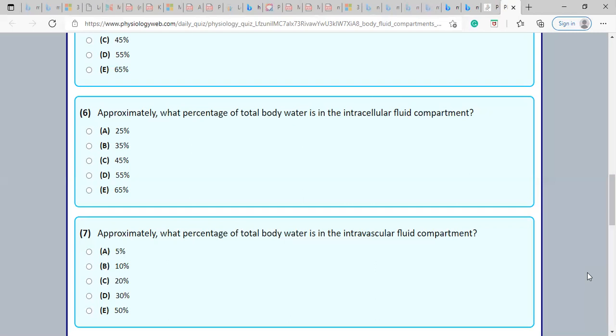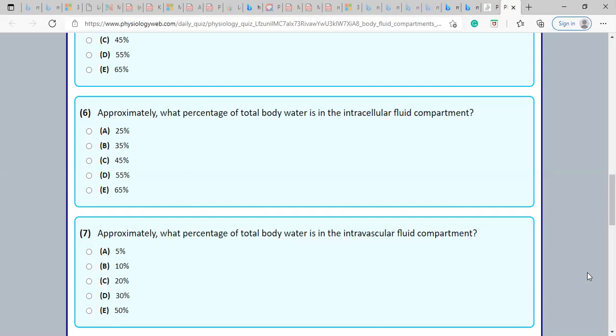So 42% of 3, that is 7.1. 7.14. No, I don't think so. So we have X times 42 over 100 is equal to 3, right? Yes, that's it. It's 7.1.